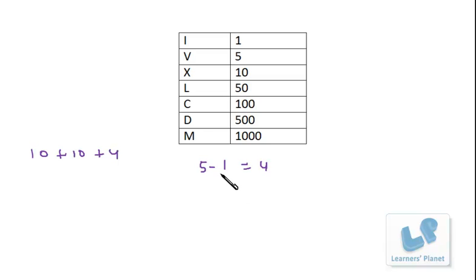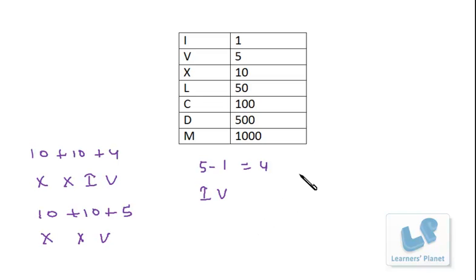So how do we deduct 1 from 5? If we write I on the left side of V, it's 4. So what I do is XXIV. Isn't it quite simple? Now we write 25, that is 10 plus 10 plus 5, that is XXV.